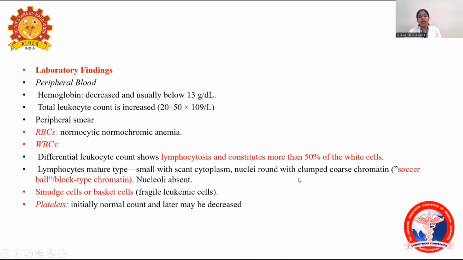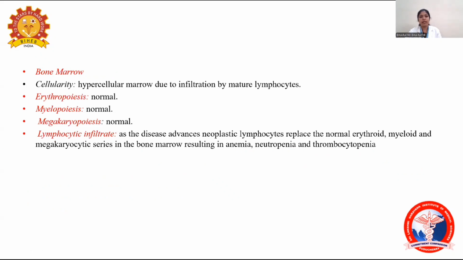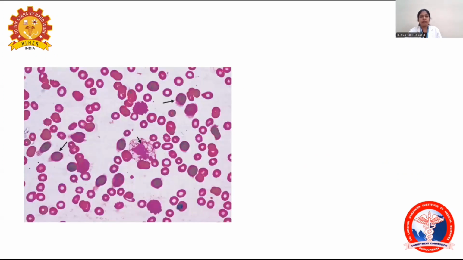WBCs show lymphocytosis and constitute more than 50% of the white cells. And lymphocytes are usually of mature type with small scant cytoplasm, round nuclei with clumped and closed chromatin, and smudge cells are present, and platelets are usually normal, and may be decreased later.